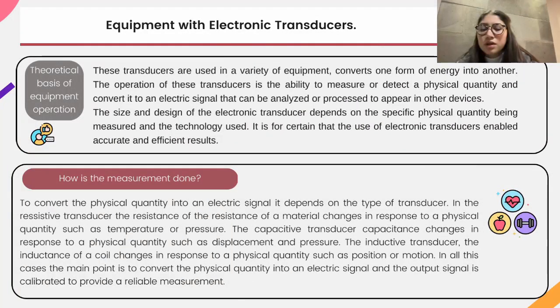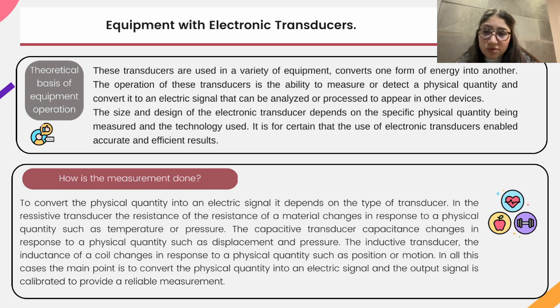Electronic transducers are devices that convert one form of energy into another, typically by using electronic circuits. These transducers are widely used in a variety of equipment, such as sensors, instruments, and control systems. The basis of equipment with electronic transducers is the ability to measure or detect a physical quantity, such as temperature, pressure, etc., and convert it into an electric signal that can be processed, analyzed, or transmitted to other devices.